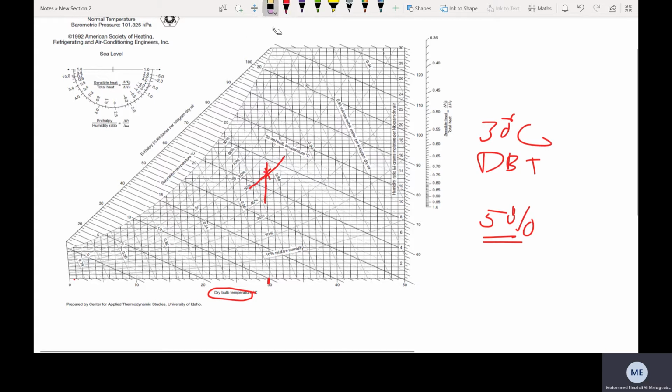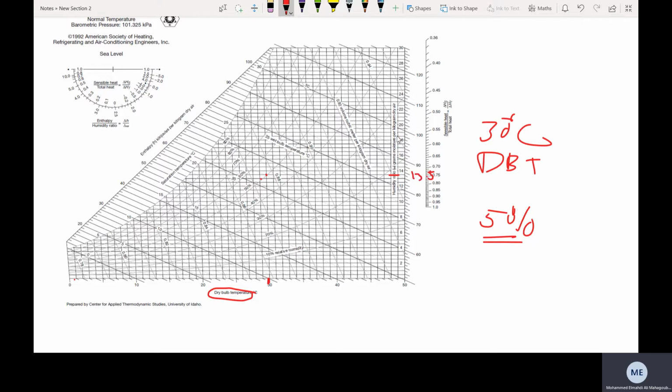Now you can give me any property, or I can give you any property, only from these 2 things. Now what is approximately the specific humidity? We go to this axis, and this is the specific humidity, or the humidity ratio. Let's read the scale. This is 12, this is 12.5, this is 13, so it is 13.5.